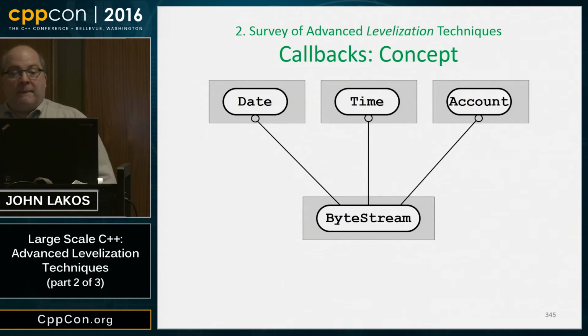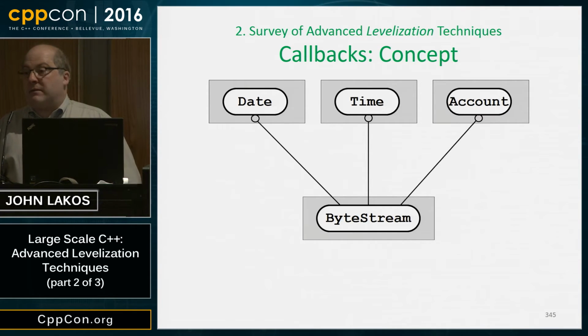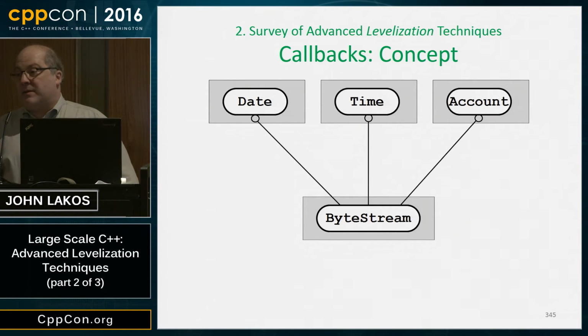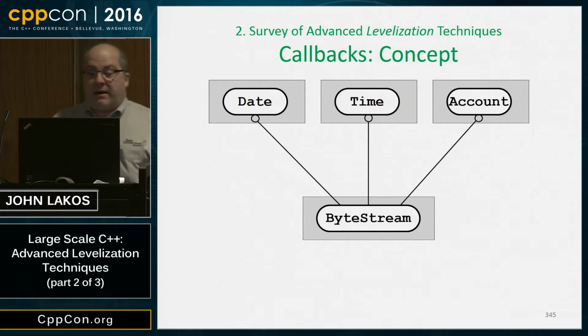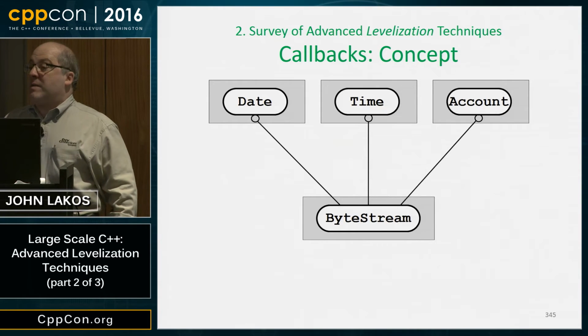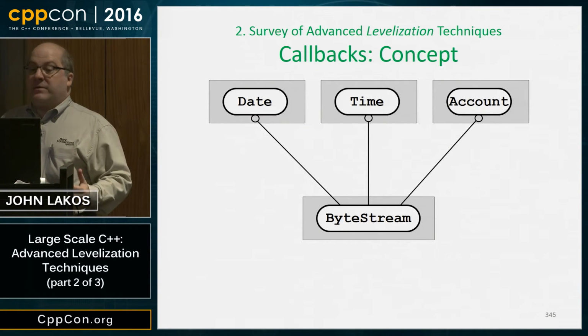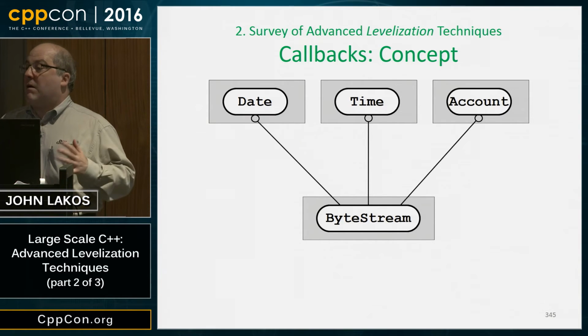All right. Now we're going to talk about a callback as a concept, which is kind of a wild thing. I think it's wild. Someday we'll have concepts, and then we'll be able to do this. But even though we don't have concepts yet, it still works. Suppose I want to be able to stream out the value of my value types. Date, time, account, all are value types.